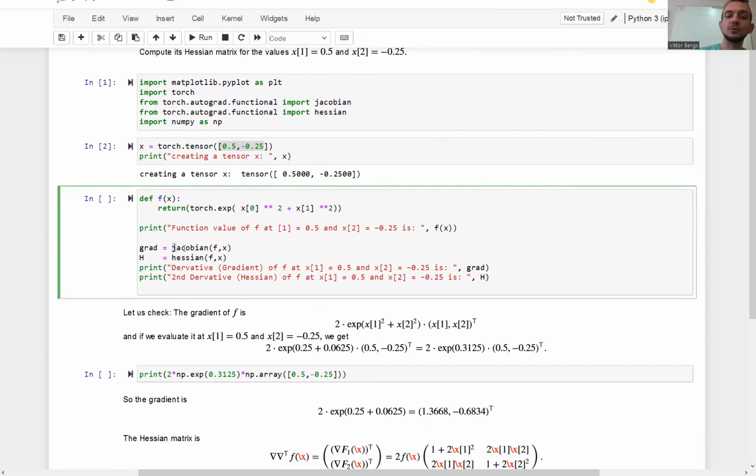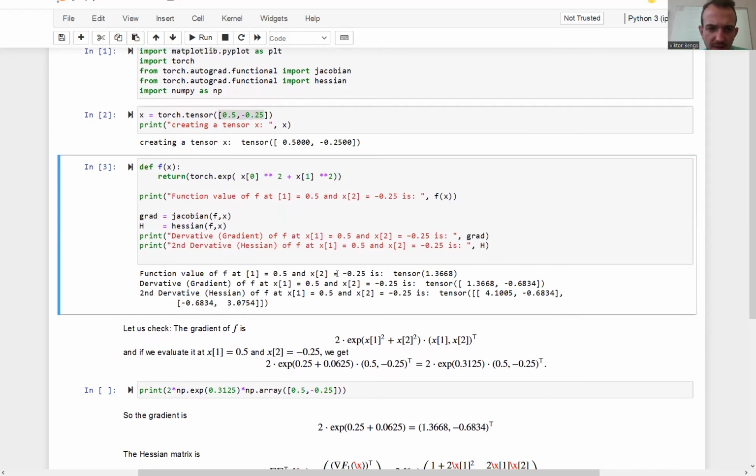We can also compute the gradient with the Jacobian, because here we have a function mapping two-dimensional vectors to a real-valued number, and then the Jacobian is the gradient, essentially. We can also compute the Hessian, which is the second derivative, using this Hessian operation here, and we can have a look at that.